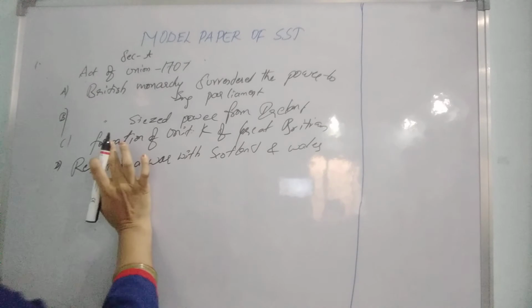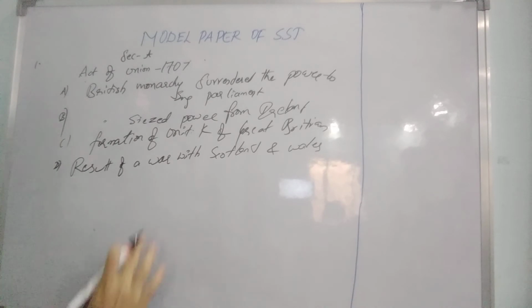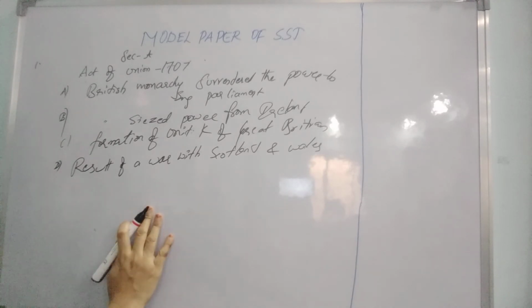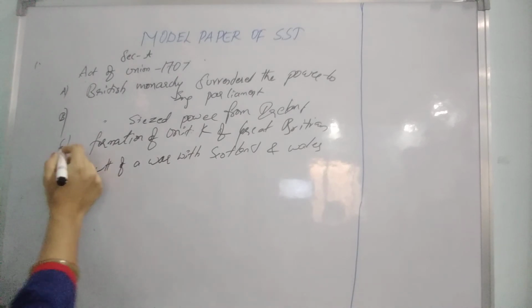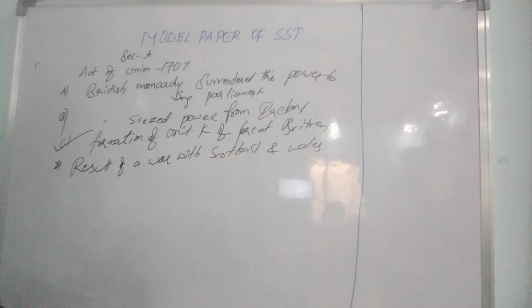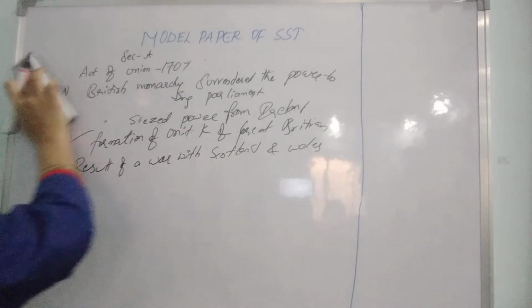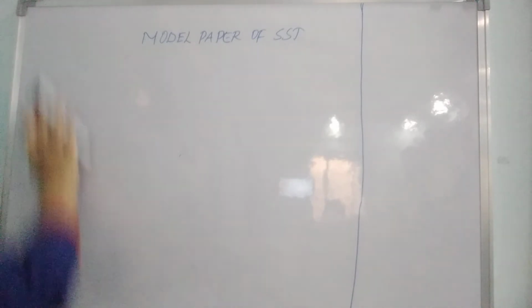Next option is formation of the United Kingdom of Great Britain. And the last option is the British nation was formed as a result of a war with Scotland and Wales. Our correct answer is the formation of the United Kingdom of Great Britain. This is our first question.